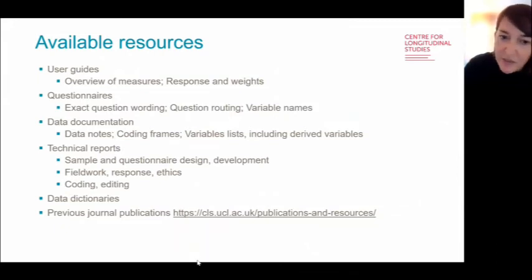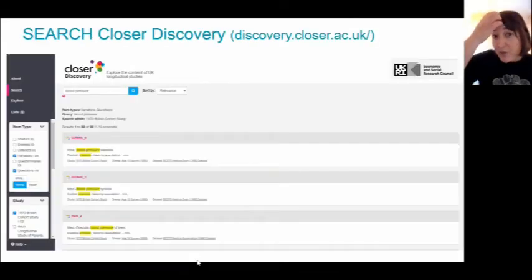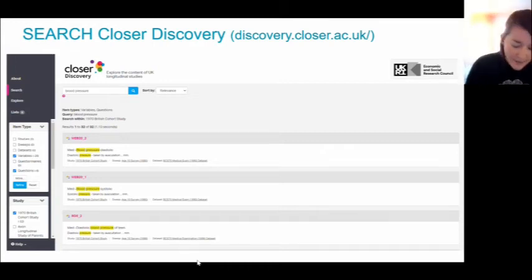Another resource that might be useful whilst thinking about project and research planning is Closer Discovery. This is an organisation very close to the Centre for Longitudinal Studies that has brought together the content of many, not just the CLS longitudinal studies, but many of the cohort and longitudinal studies that we have in the UK. This is a screen grab of Closer Discovery, and you can see that the search term we've put in there is for blood pressure.